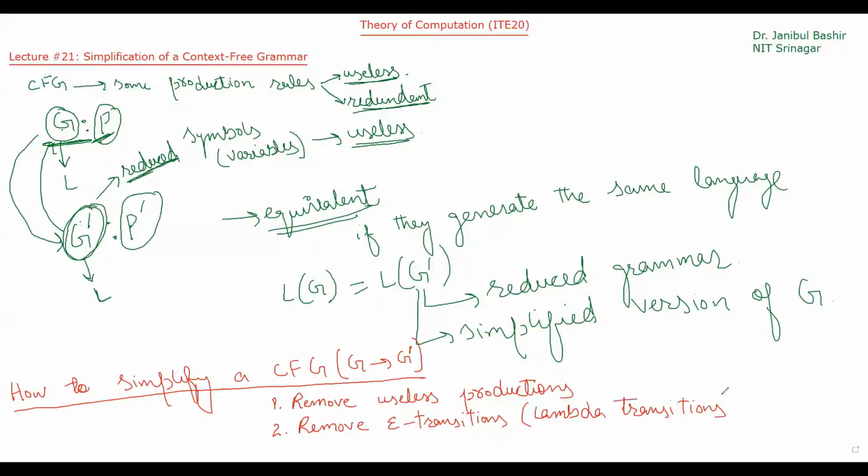Okay. And the third step that we have to do is remove unit productions. So these are the 3 steps that are required to simplify a grammar. So after completing these 3 steps of a grammar, the final grammar that we get, that will be a simplified grammar, or we can say that will be a reduced grammar.